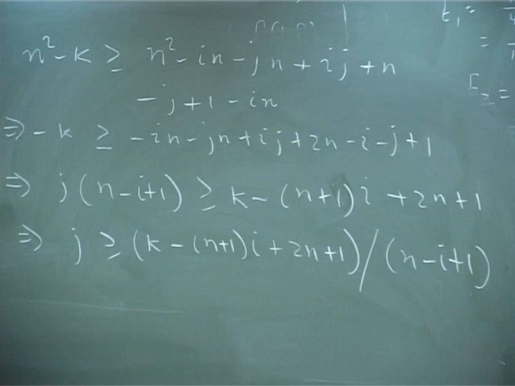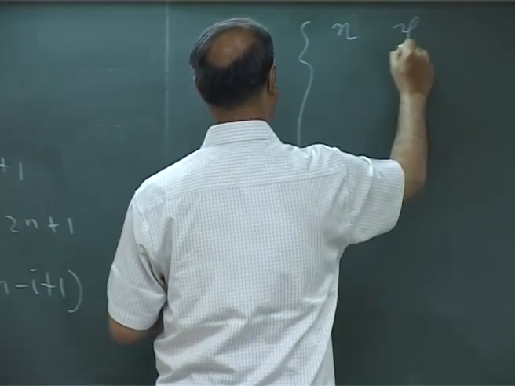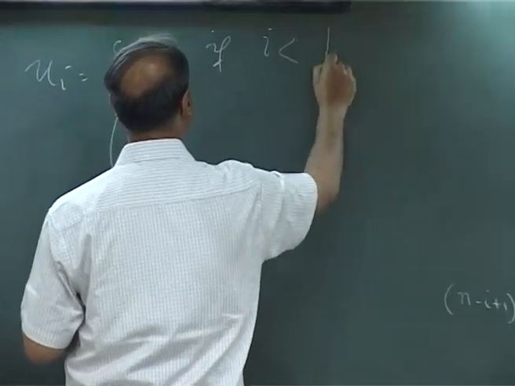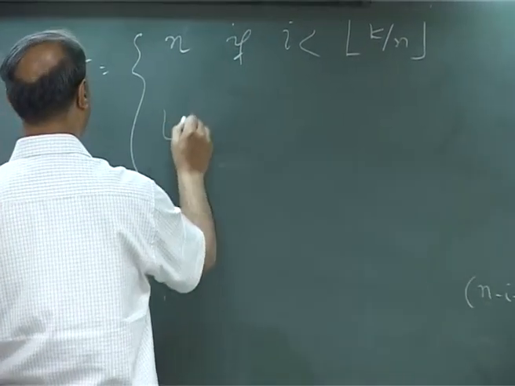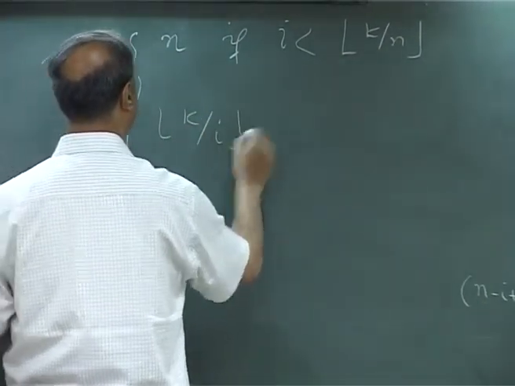So if you know this, then I can define your ui as n if I is less than k by n, and k by I otherwise.